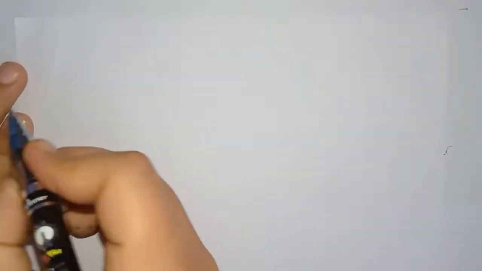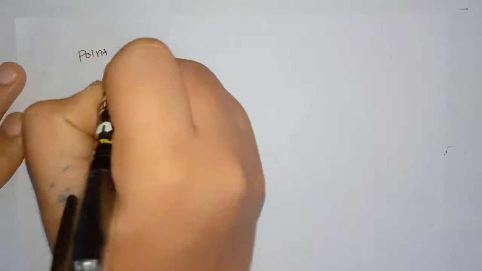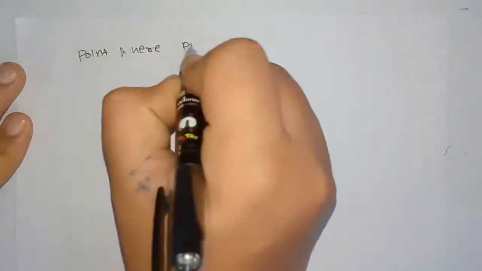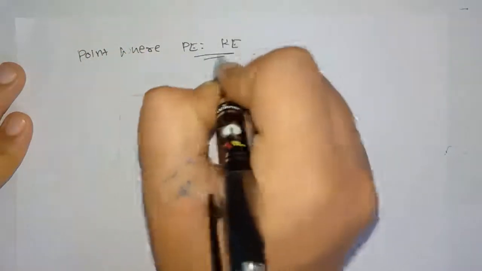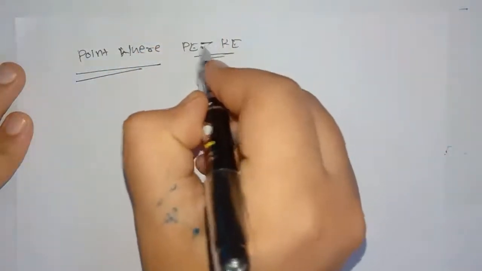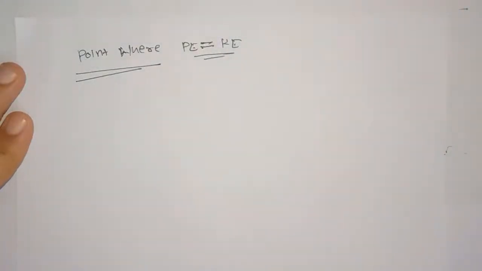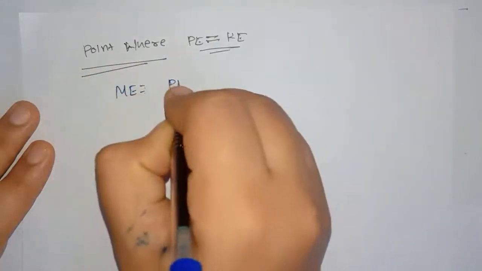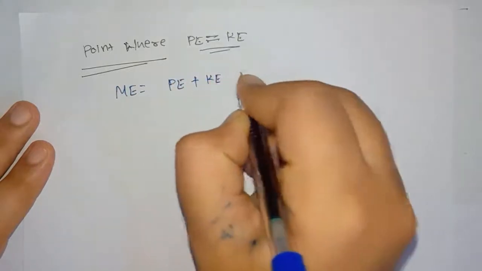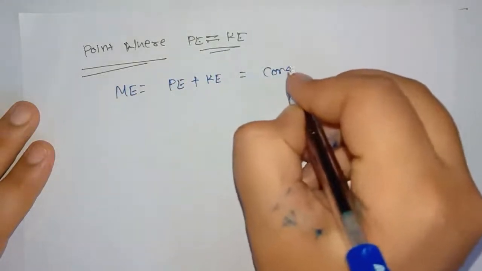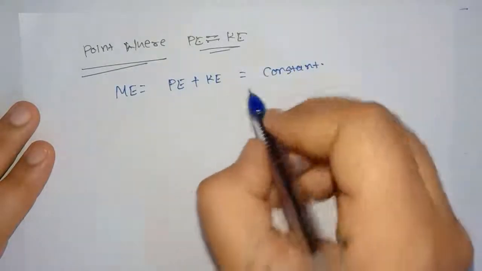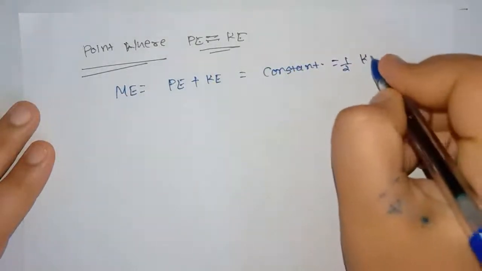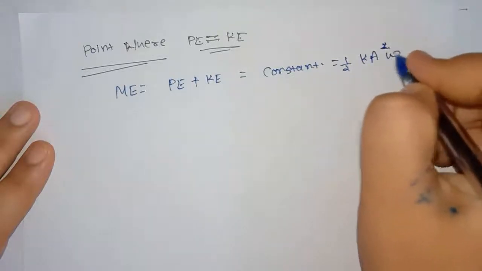Now let us find a point where potential energy and kinetic energy are equal. We know that the total mechanical energy is equal to potential energy plus kinetic energy, and that is always constant, and that is equal to half k a square omega square.